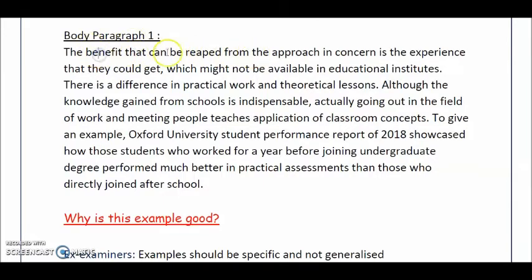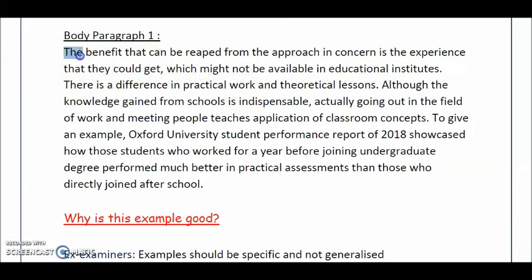The benefit that can be reaped: instead of advantage, we are using this phrase, again changing the word. Instead of exposure, we are using the word experience. And we are comparing it to educational institutes because we are trying to make the contrast which the concept requires us to make.